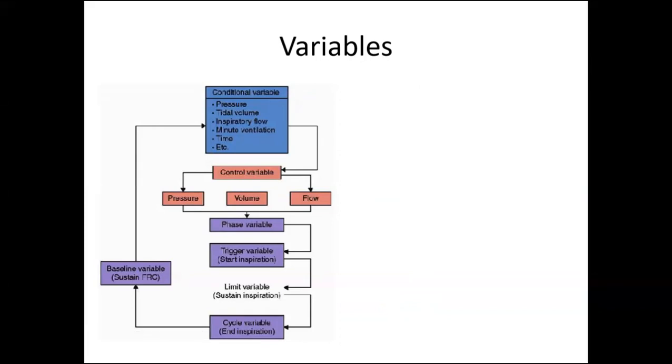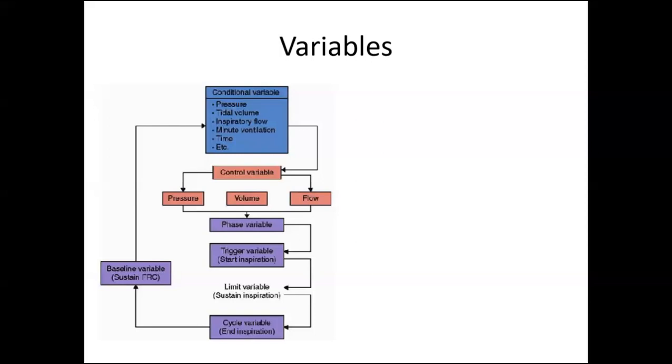So for example, if I am able to control the pressure, I tell the ventilator, you need to give a maximum pressure of 21. The ventilator will give only a pressure up to 21. It will not go beyond that. So now I am controlling the pressure here. Beyond 21, it will not go. Below 21, it will not go. It will give exactly the pressure I set.